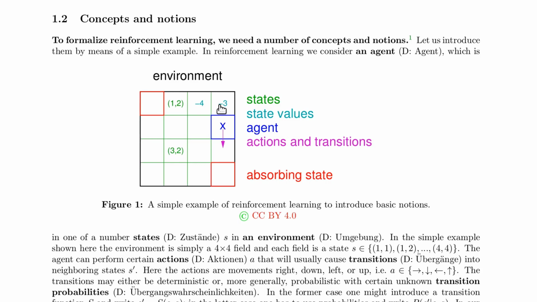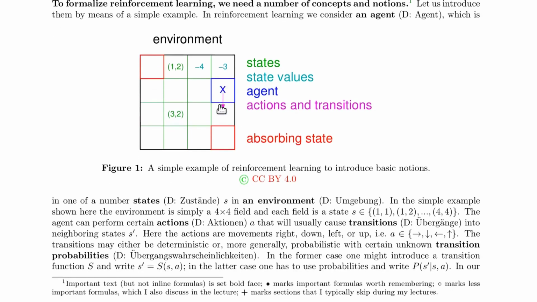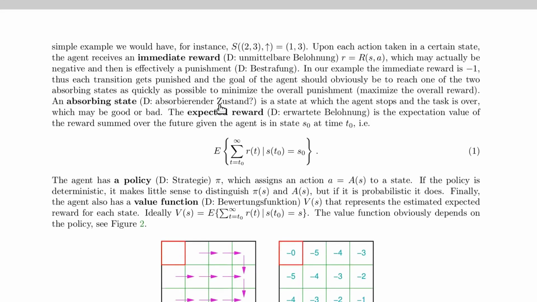A policy sort of is a strategy how to move in that environment. And these two are closely related, as we will see in a moment. Ideally, the value of the states corresponds to the expected reward given an optimal policy.